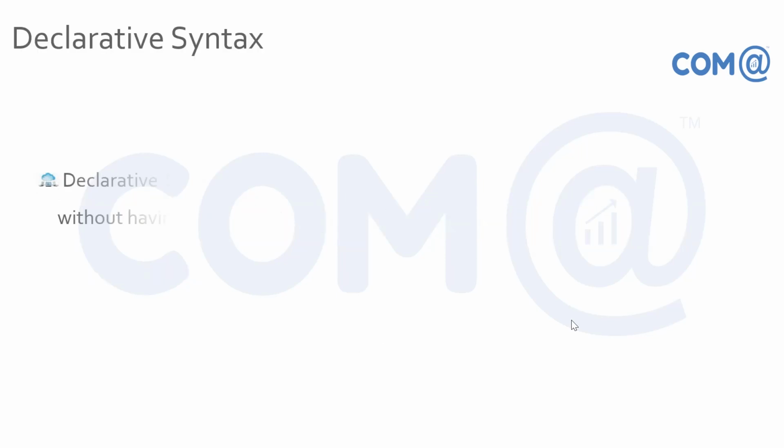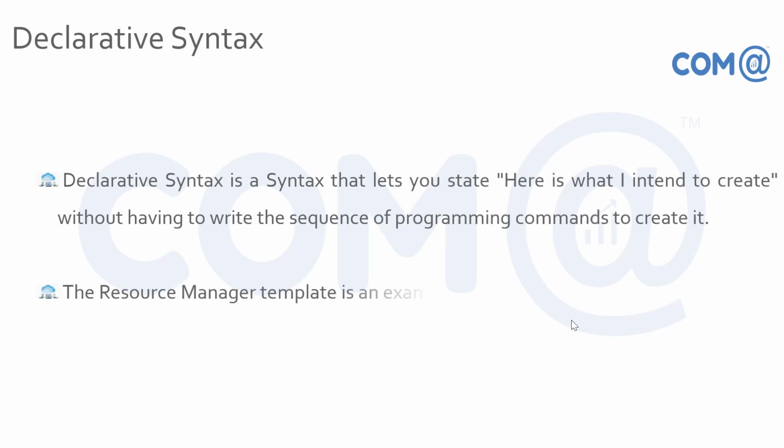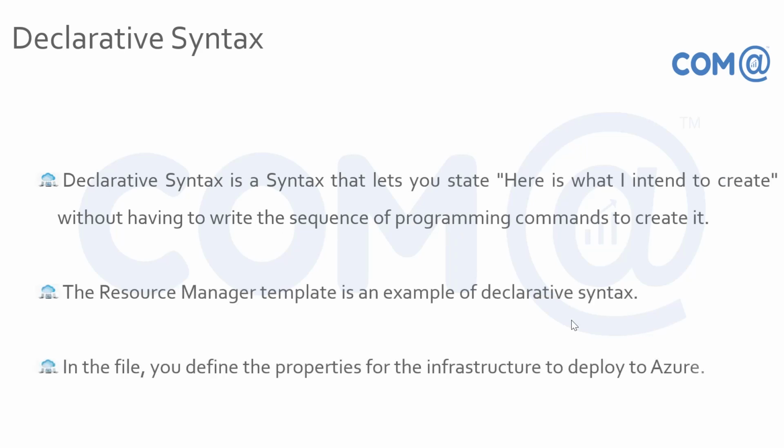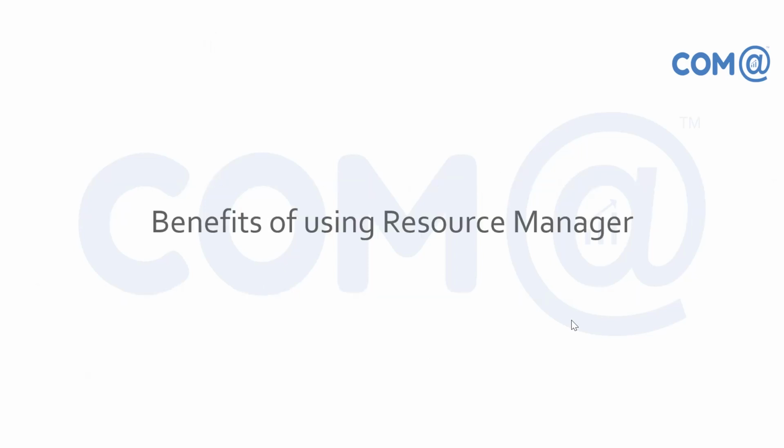And the declarative syntax is a syntax that lets you state, here is what I intend to create, without having to write the sequence of programming commands to create it. This resource manager template is an example of declarative syntax. In the file, you define the properties of the infrastructure you deploy to Azure.